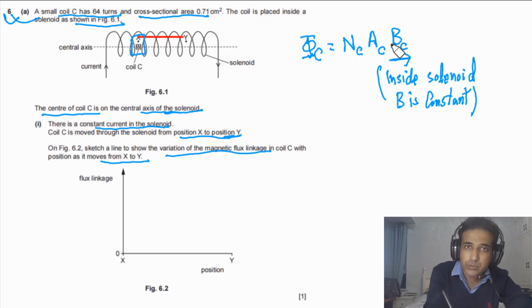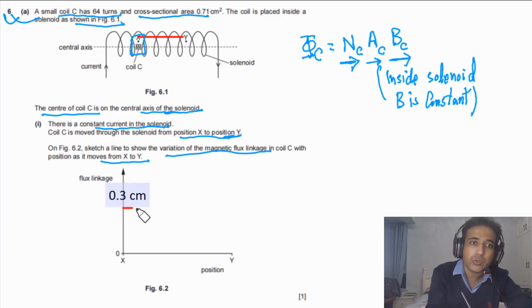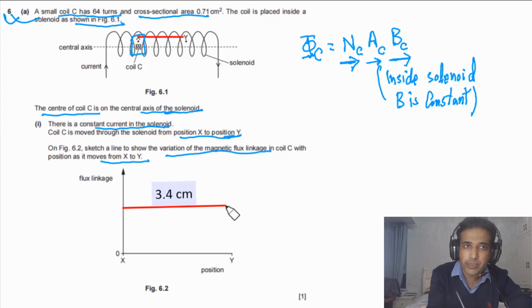So this quantity is constant, cross-sectional area of this coil is constant, and number of turns is also constant. So it means that flux is constant when we move from X to Y. So we need to draw a horizontal line. You can draw it anywhere. If you have drawn this one, you will get 1 mark for this question.